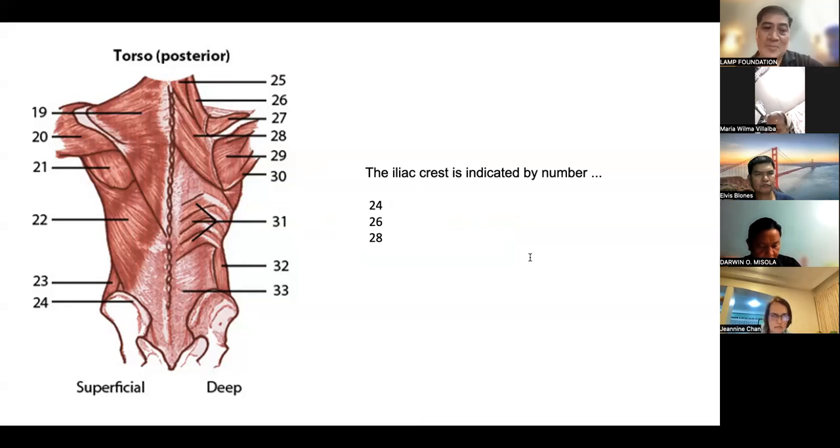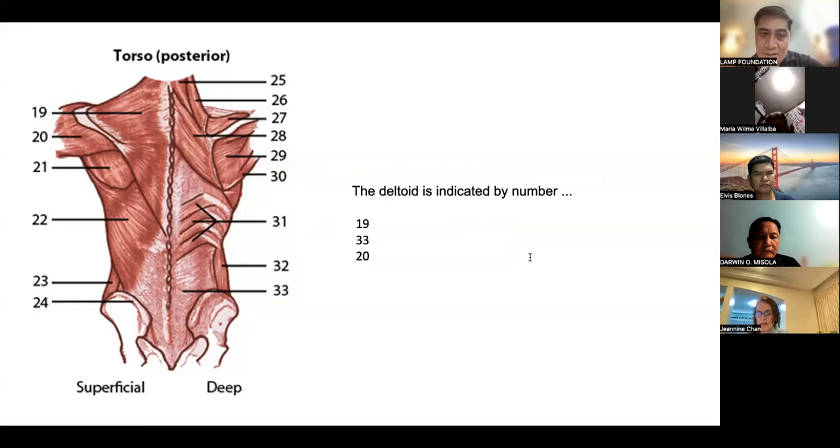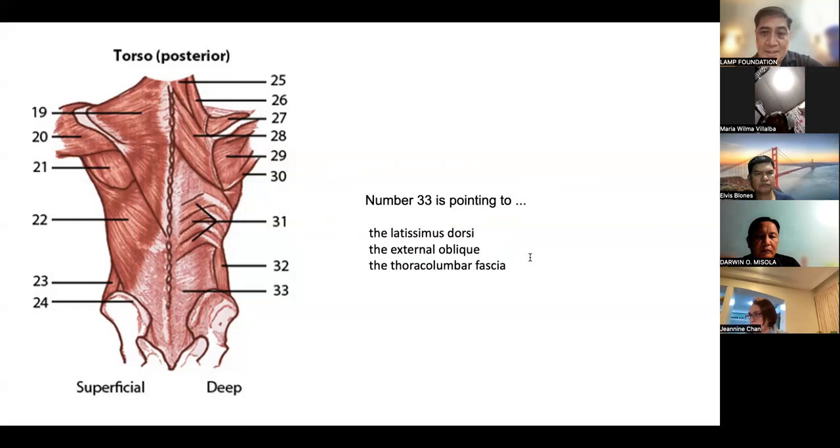Number 29 is pointing to the infraspinatus. Infraspinatus, according to Google, but okay, we're Filipino, infraspina. Number 31, the serratus posterior. The deltoid, number 20. Number 33, thoracolumbar fascia.